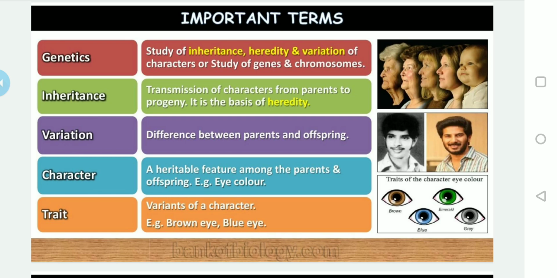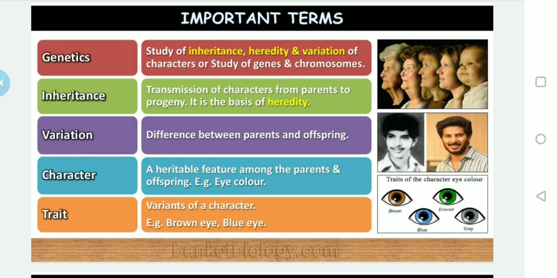Now the trait. When we are crossing between two parents, we use the terminology trait. What is the meaning of trait?